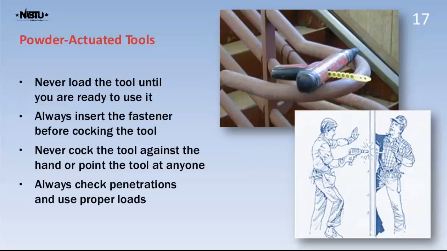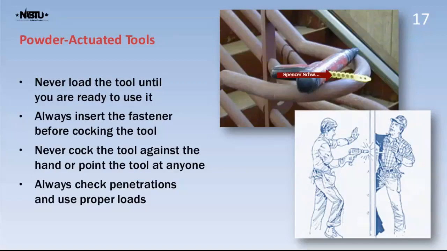Here's a picture of a powder actuated tool. It doesn't really look like a gun, but it actually is a gun. This yellow strip right here is where the gunpowder is, and there are fasteners attached to these things.